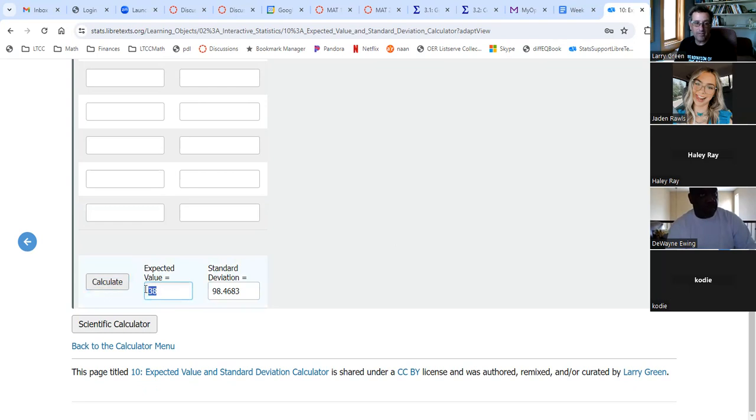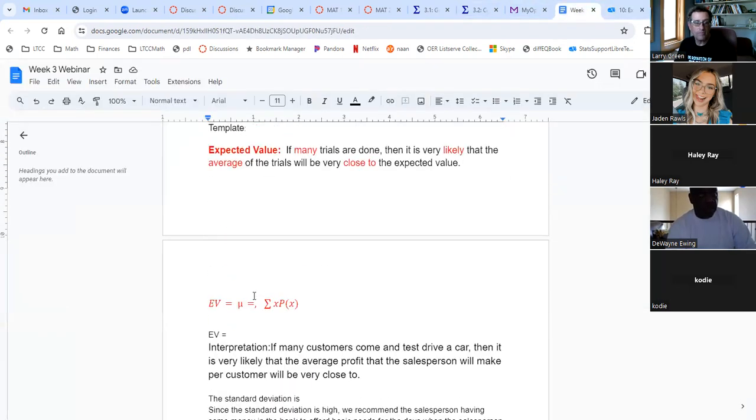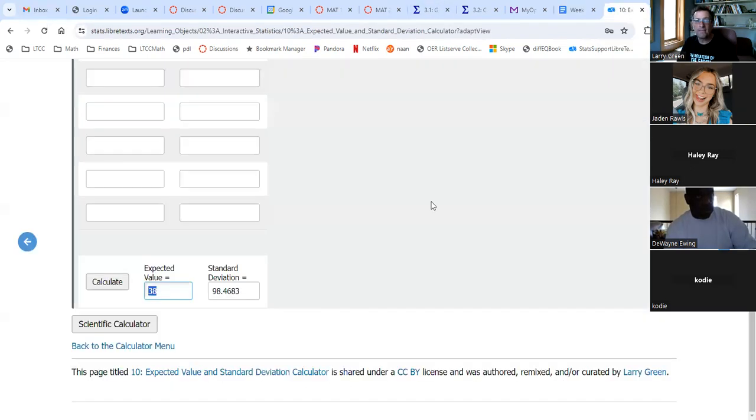So the expected value is 38. Okay, and by the way, let's write this down. Standard deviation, I'll write SD, is equal to about, how about 98.47?